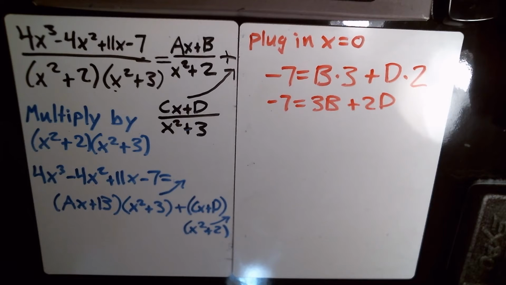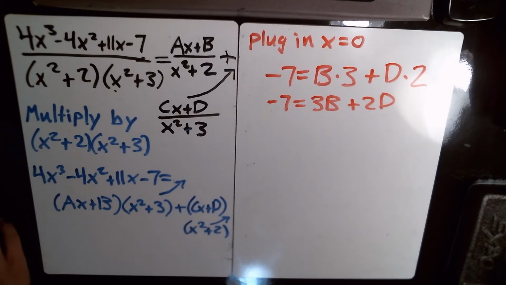It's not too bad. Now the issue that we're going to run into is finding another value that we can plug in that will make this be nice. There's not really anything we can do.